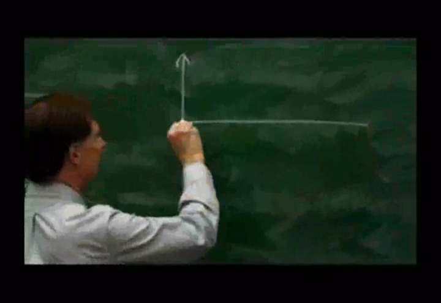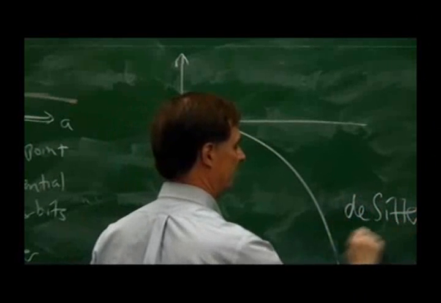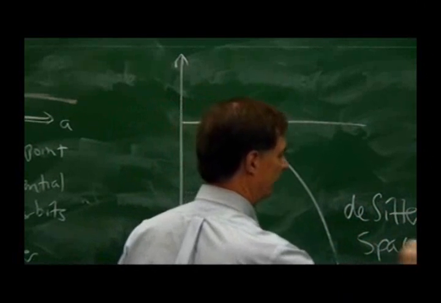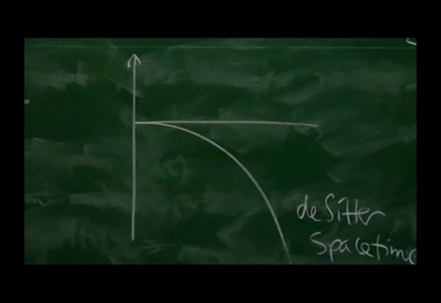Let's look at another case. This is going to be quite different. This is called de Sitter space, or de Sitter space-time. It's a space-time that's dominated by a cosmological constant.